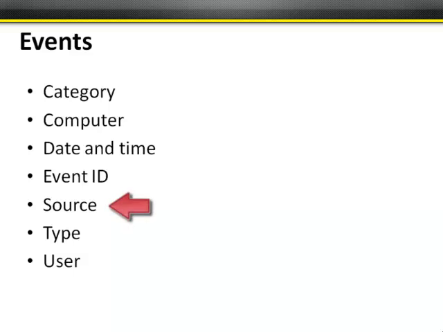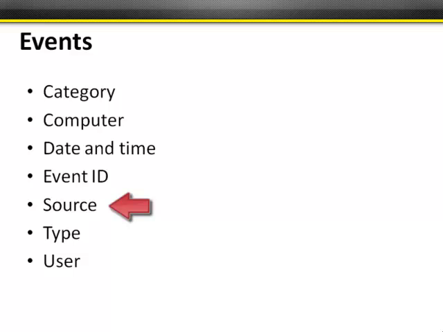Also, the source of the event. The source of the event is going to be different depending on which log files you're looking at. For example, if you're looking at the application log, the source could be something like Outlook or Office software. If it's the security log, it could be the Microsoft Windows security auditing component as a common source.